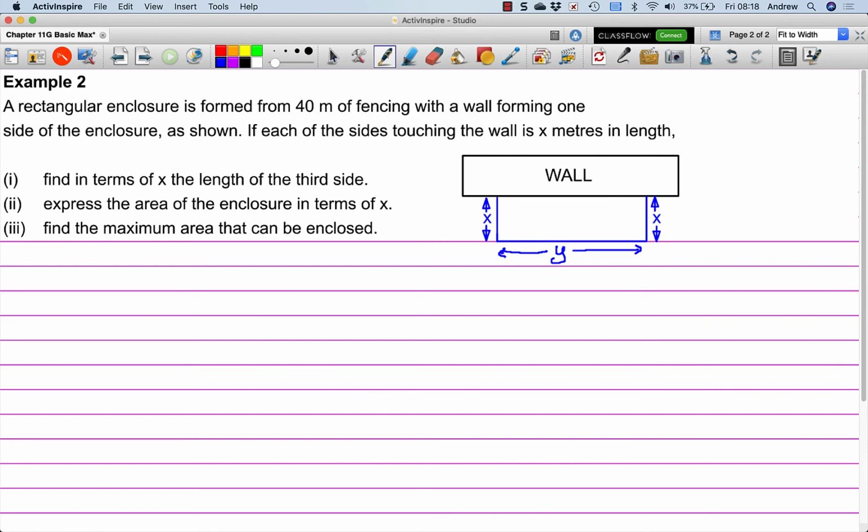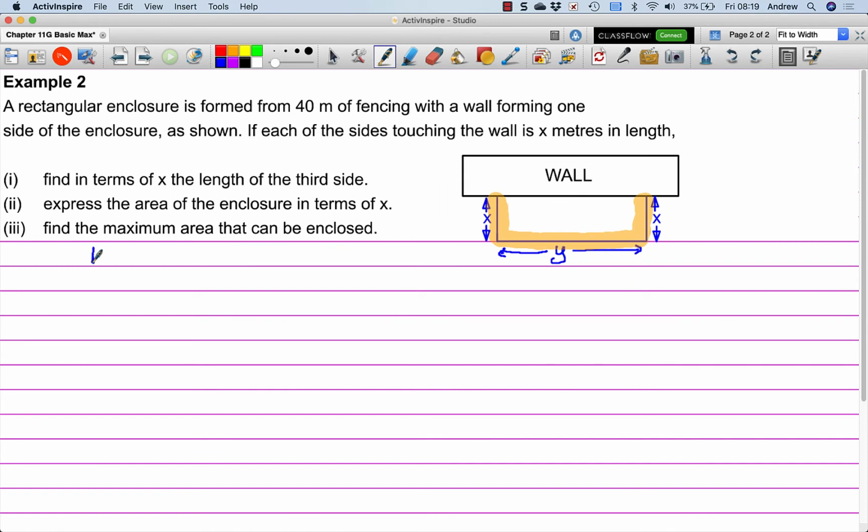What do I actually know about the length of this wall? Well, it's x plus y plus x. So I know that the length of this, sorry, did I say wall? I meant to say fencing. What do we know about the length of this fencing? It's x plus y plus x.